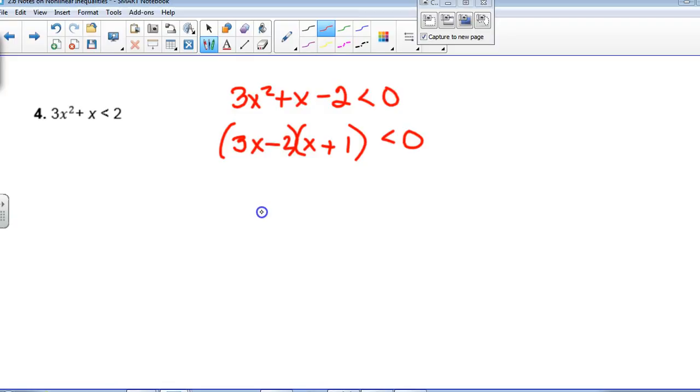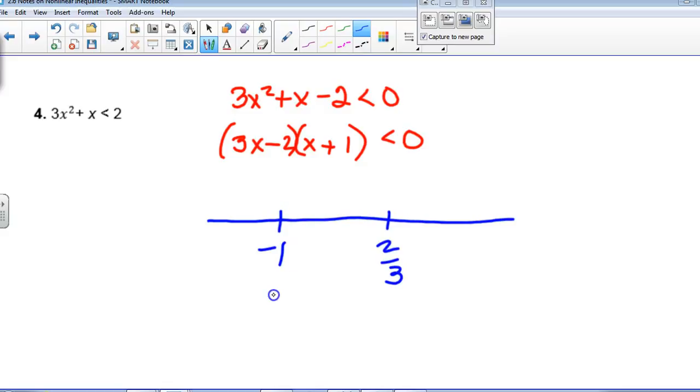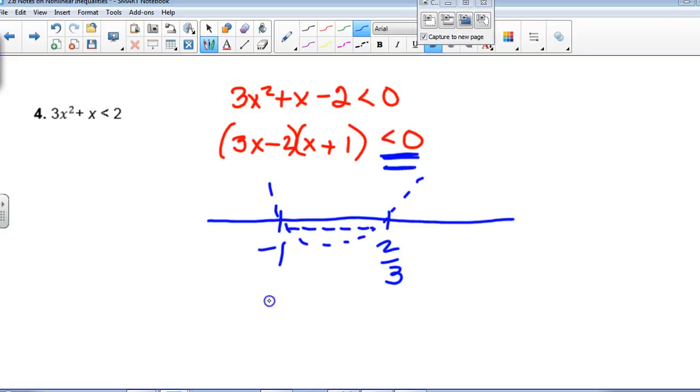Otherwise, if you use your calculator, you get a decimal. I would probably live with it because we're supposed to just be able to use our calculators to do these. But what is 0.66667? Yeah. So we have a 0, positive 2/3 and -1. Did I factor it right, guys? Yeah. Okay, it's a parabola that opens up. So where is it doing this? What does this say? Less than 0, which is in between those values.